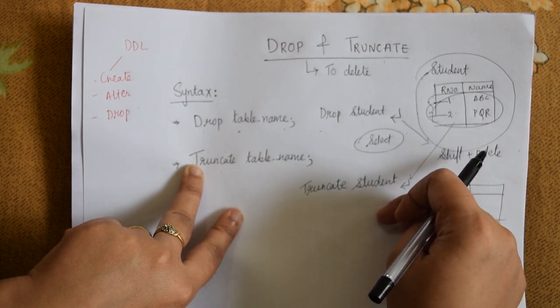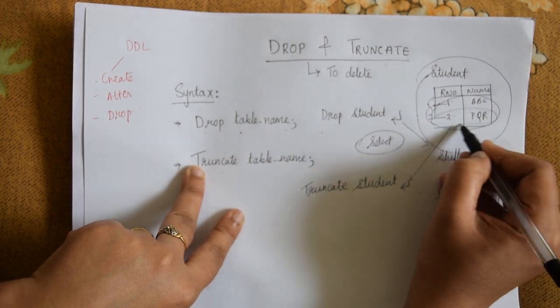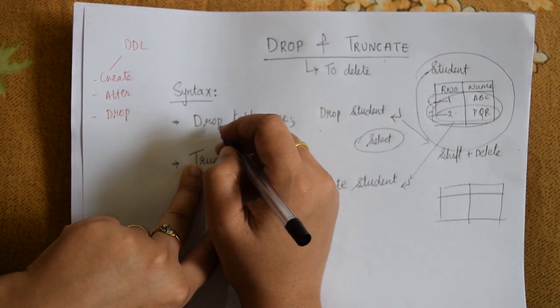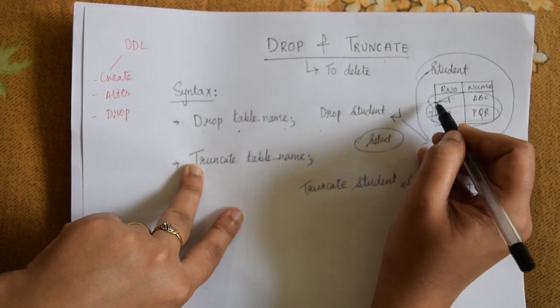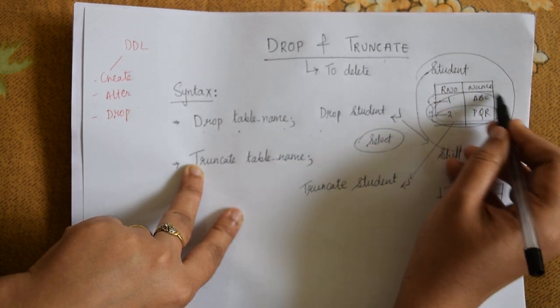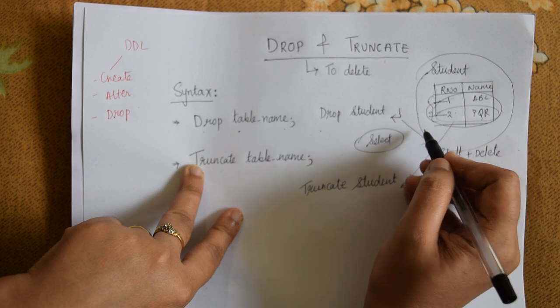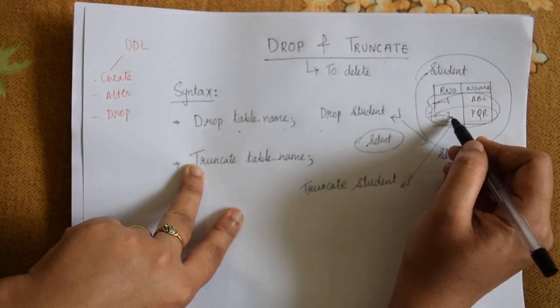Okay, now there is a question, if I want to delete a particular record. Because using drop I am deleting the whole table, using truncate I am deleting all the values from the table. Now if I want to delete a particular record, then how to delete that?